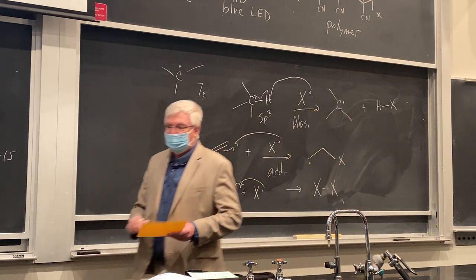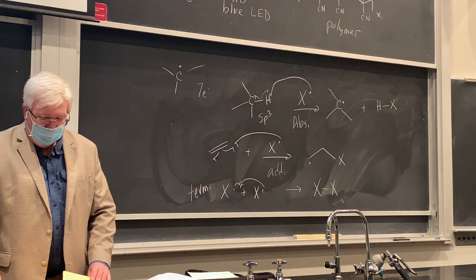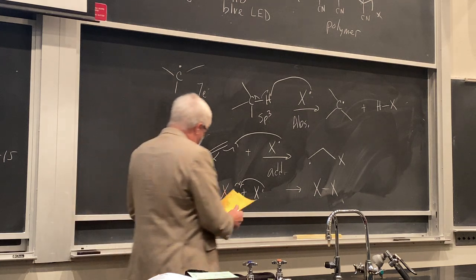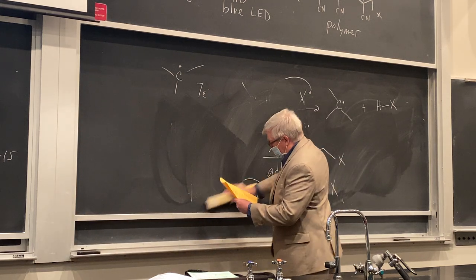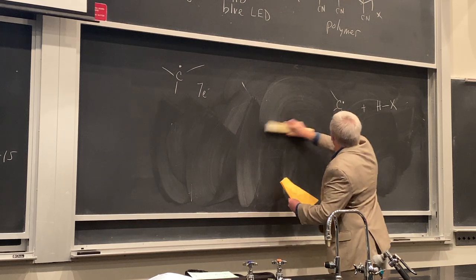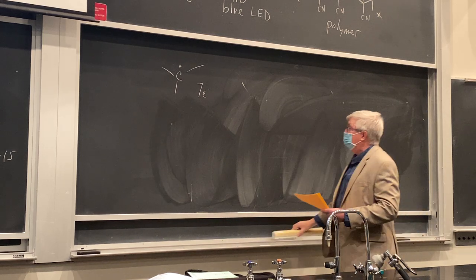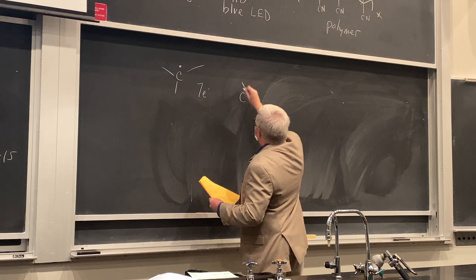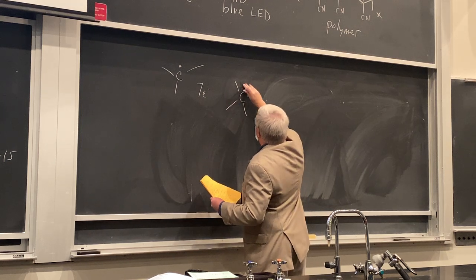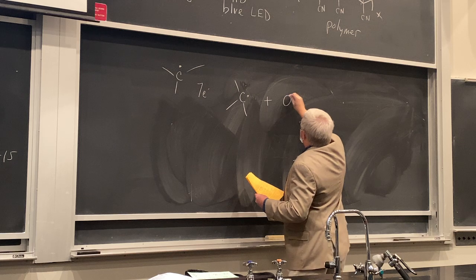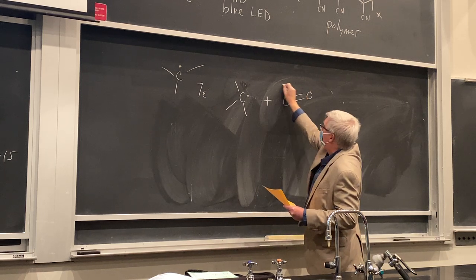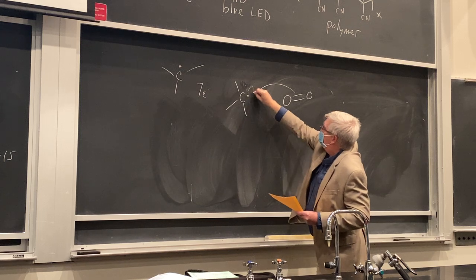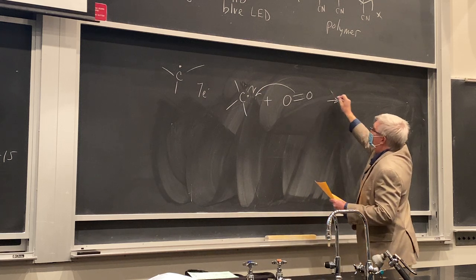Let's see, what else do we need to know in general? Oh, oxygen can function as a radical inhibitor. And oxygen is normally something we try to keep out of a reaction involving radicals. So if you add a radical here with oxygen, you can have the odd electrons come together here.